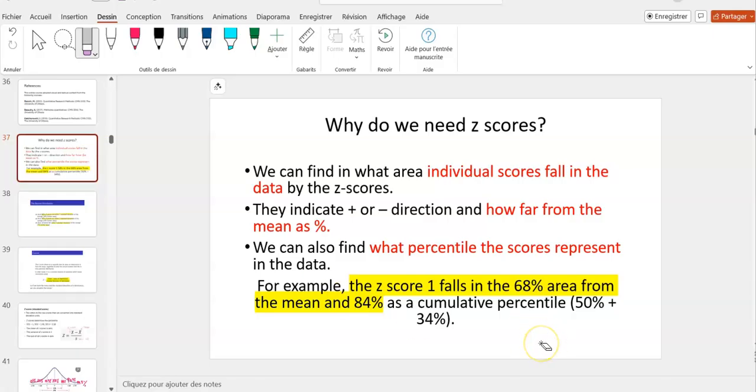According to my understanding, Z-scores are individual scores and how they are distributed in the data. So Z-scores are very, very closely related to the standard deviation.